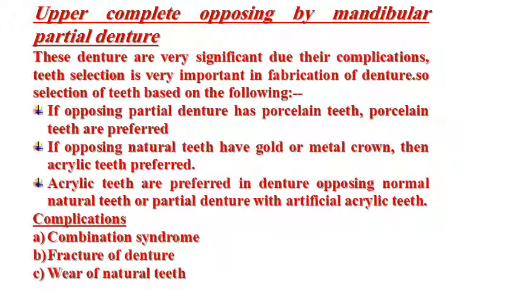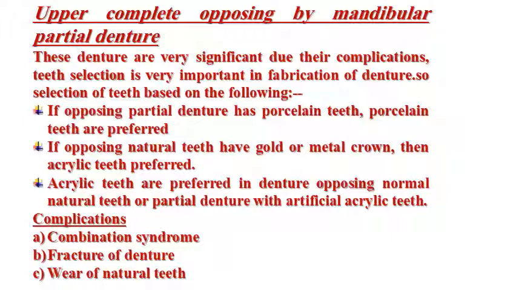So the selection of teeth is based on the following. If the opposing partial denture has porcelain teeth, then porcelain teeth are preferred. If the opposing natural teeth have gold or metal crowns, then acrylic teeth are preferred. Acrylic teeth are also used in a denture opposing normal natural dentition or a partial denture with artificial acrylic teeth.